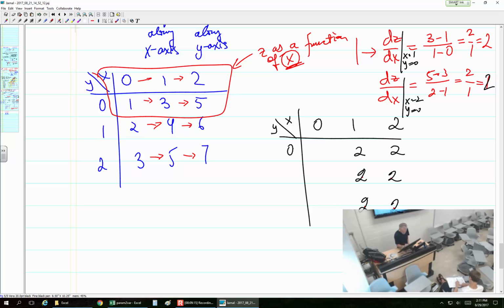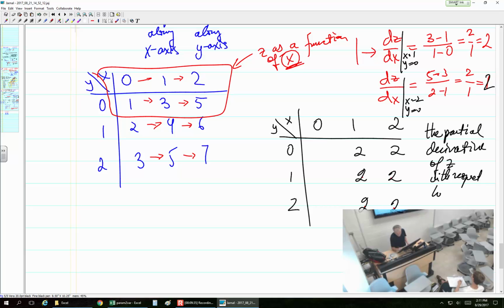0, this is 1, 1, and 2. Okay? So what is this? We call this the partial derivative of z with respect to x. And what is it?